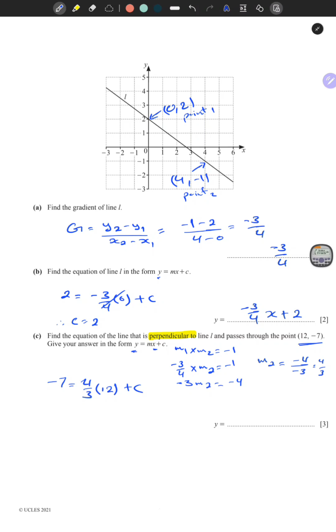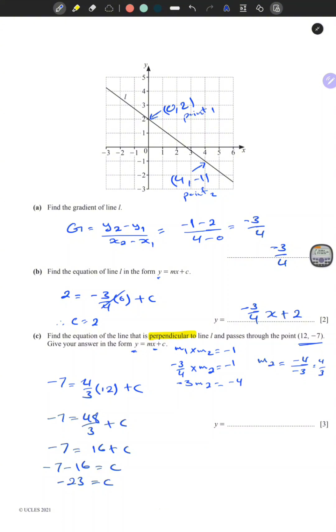Let's work that out. -7 is equal to 48 over 3 plus c. 48 over 3 equals 16. So -7 is equal to 16 plus c, and -7 minus 16 is equal to c. That means -23 is equal to c.